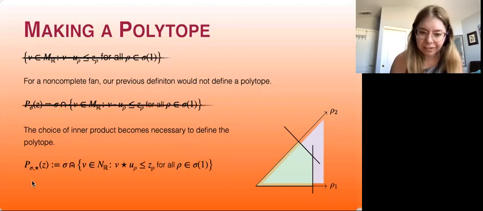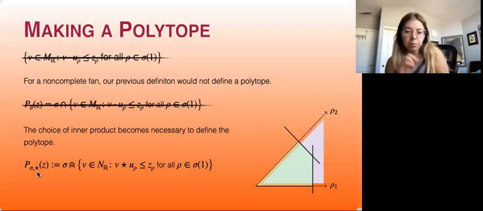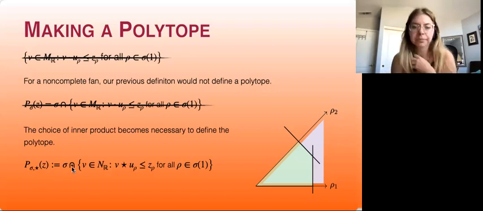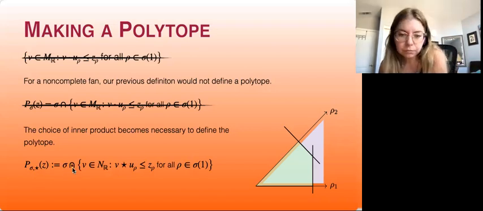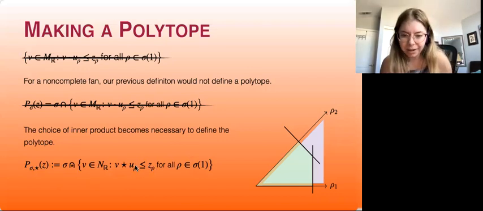So I adjust this definition again. I'm going to make my choice of inner product known here by putting it in the definition. So it's a polytope with respect to the inner product. And then I take the inner product and then I intersect. So I find these half spaces, I take their intersection.